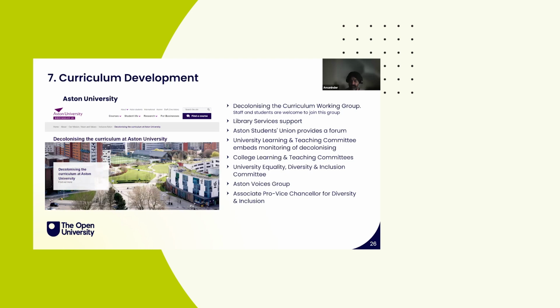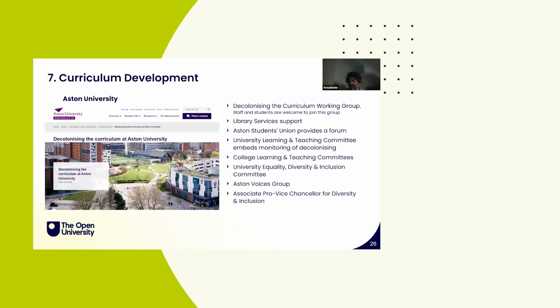And they do have an Associate Pro Vice Chancellor for Diversity and Inclusion, who ensures that this project directly informs initiatives that address the attainment gaps. So they're kind of closing the loop, where the attainment gaps are based on the various backgrounds of the students which they do get in the university.